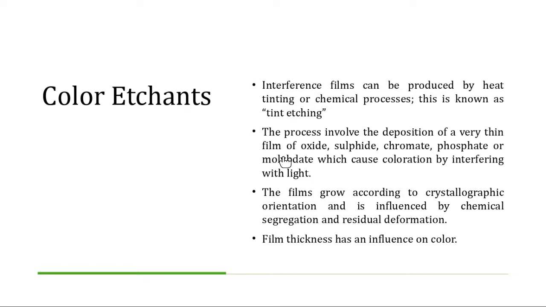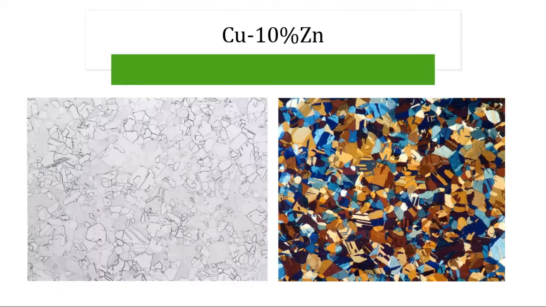Not to say that colored etchants need to be used for everything you are working on. Generally, your straightforward chemical etchant is best. But when you use color, let's look at the difference in this copper zinc alloy. This is 90% copper, 10% zinc. The image on your left is the same alloy.